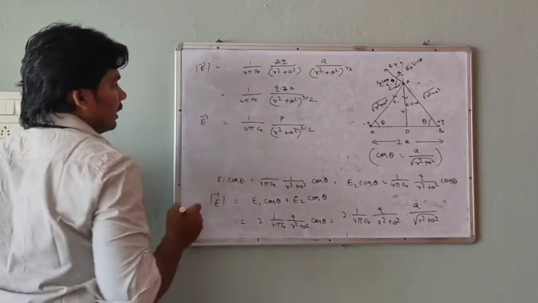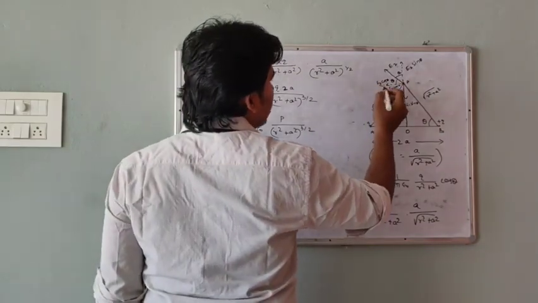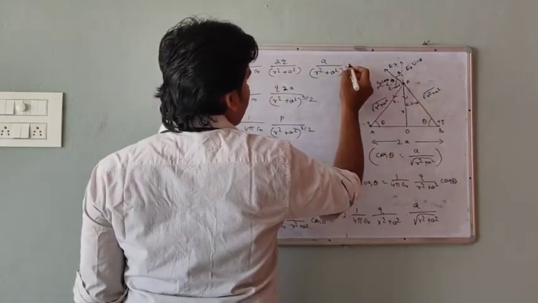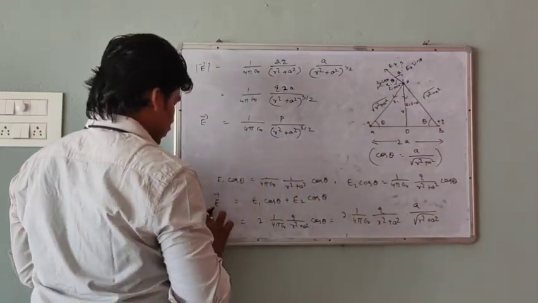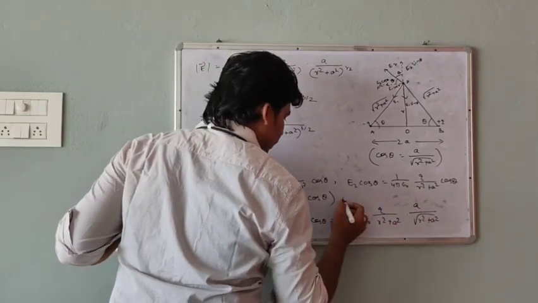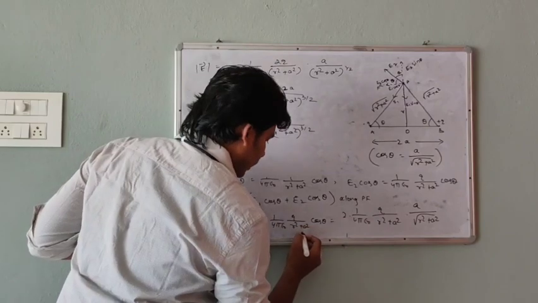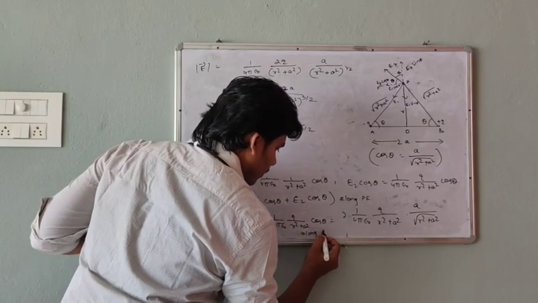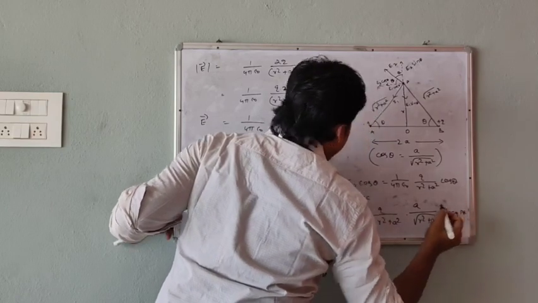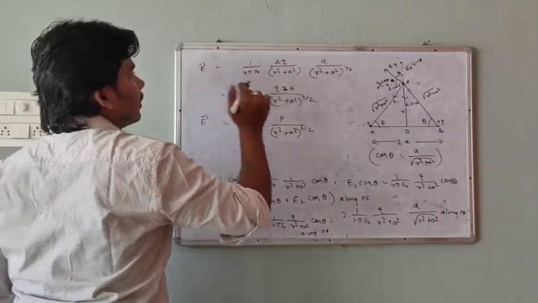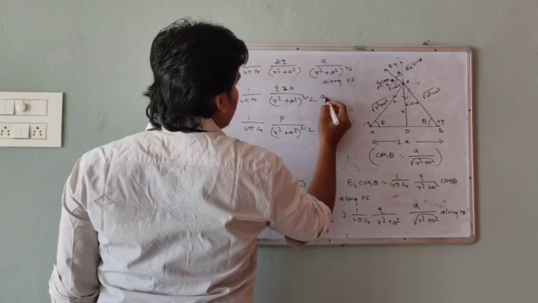If you write only the E vector, its direction will be along, if we name it, PF. It should be along PF.